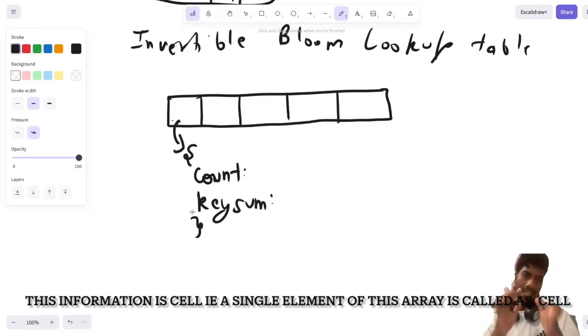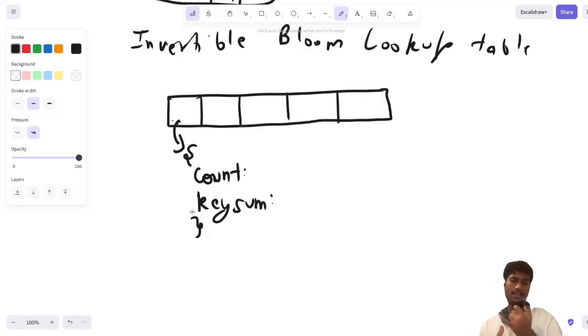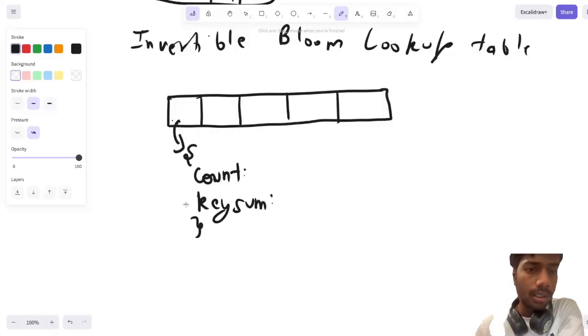This is a very basic implementation of IBLT. Some advanced implementations include hash sum and some other sums also, but let's first understand the basic one. Okay, and both of these are initialized to 0.